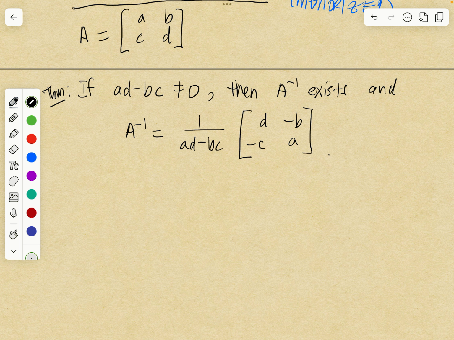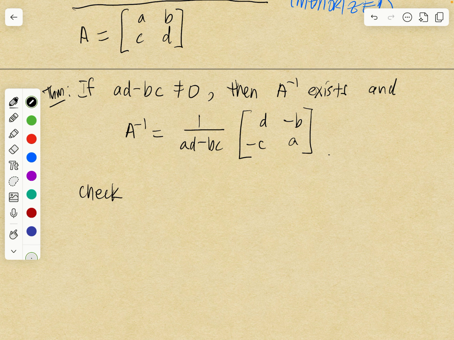So let's see why this is true. If AD minus BC is non-zero, then I can certainly take 1 over AD minus BC, right? I don't have this issue with dividing by 0. Now let's just check.